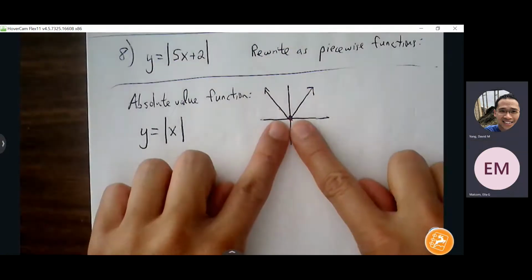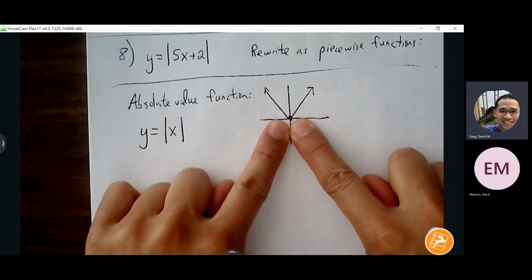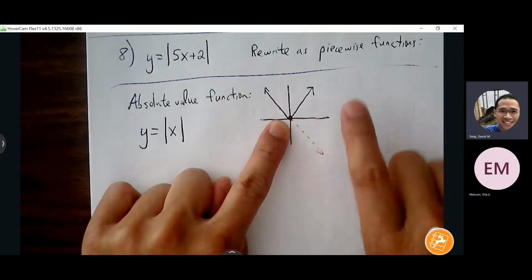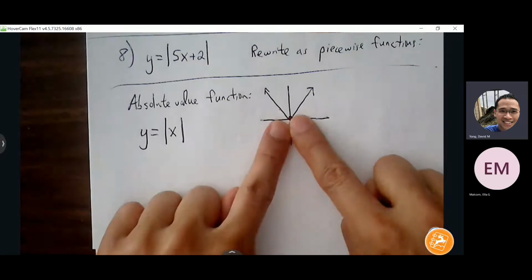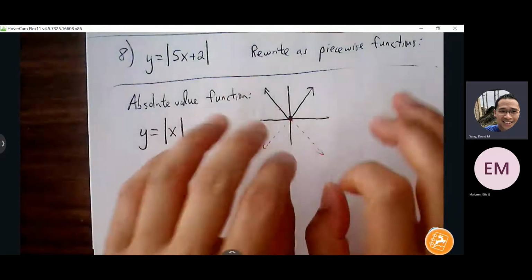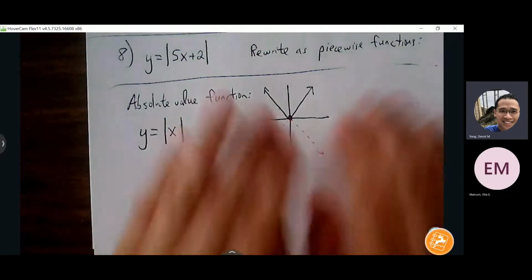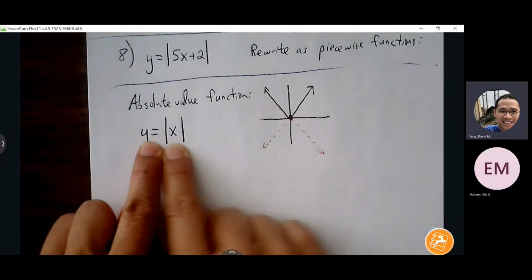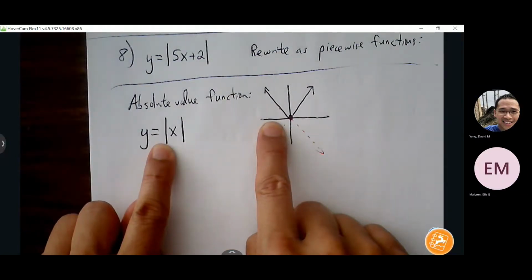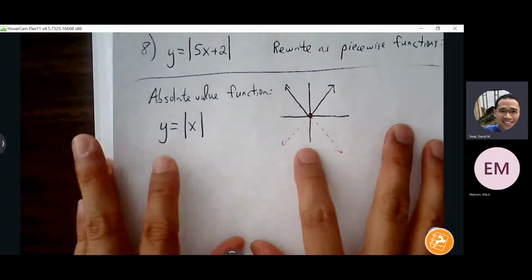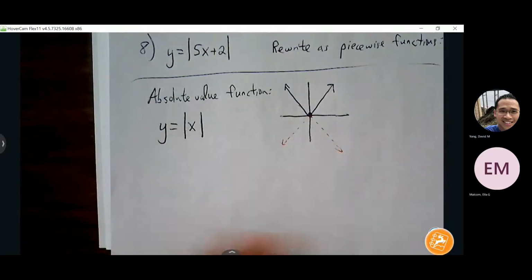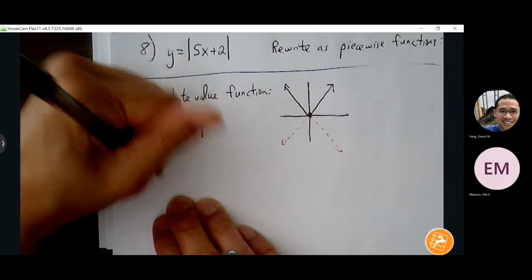If I create two line graphs that have restrictions, I can create a substitution for this function, and it would look the exact same.